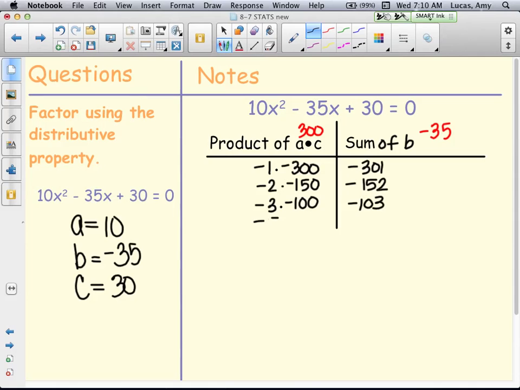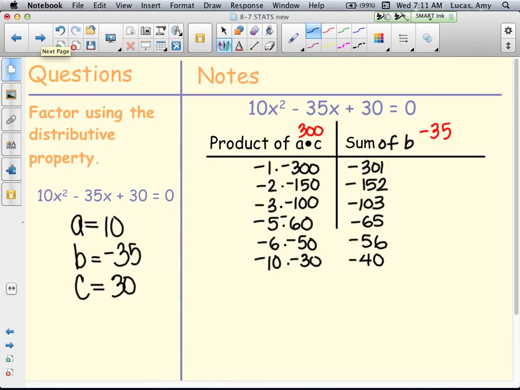Negative 5 times negative 60, that would be negative 65. Negative 6 times negative 50, negative 56. Let's see, what else? Negative 10 times negative 30 would be negative 40.